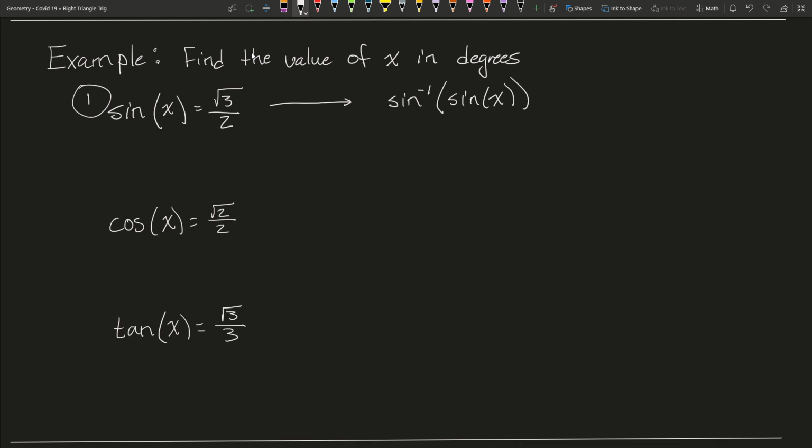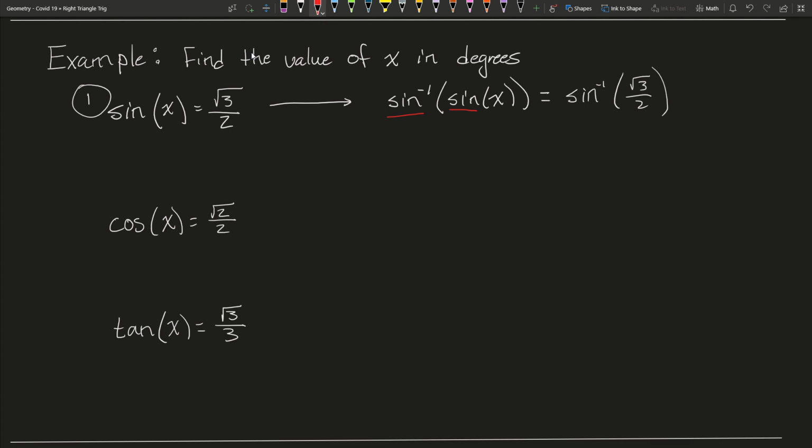Because we do it on the left-hand side, we also have to do it on the right-hand side. And when we do that, this sine inverse and this sine cancel each other out.